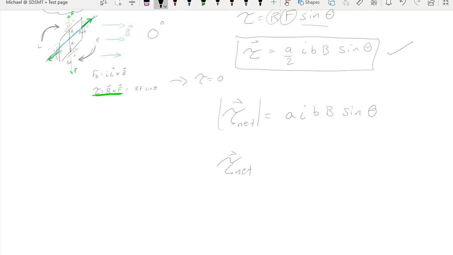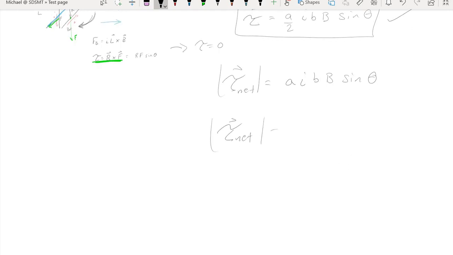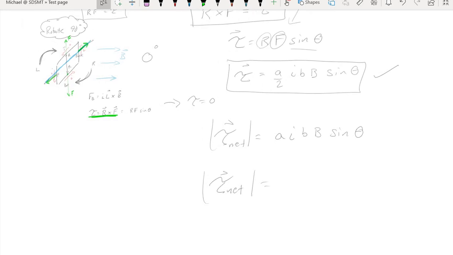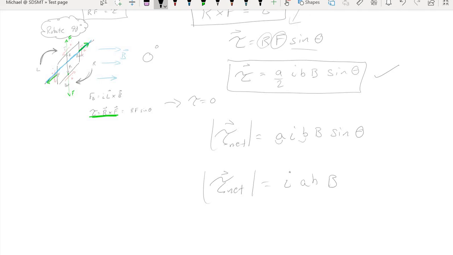Right now this is only a magnitude. To clean this up, here's what we're going to do. We have the current. That part hasn't changed. We have the magnetic field that the coil is sitting in. That part hasn't changed. But if we notice, we've got the product of the dimensions of our coil.